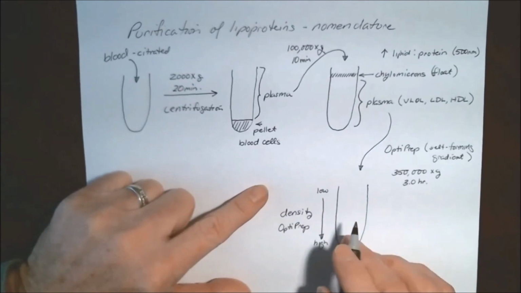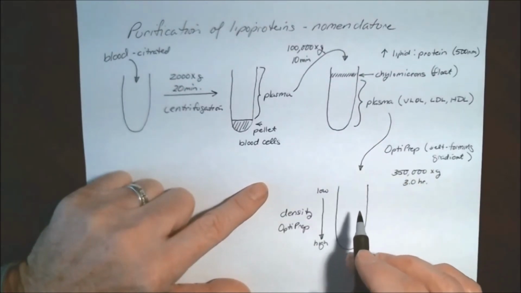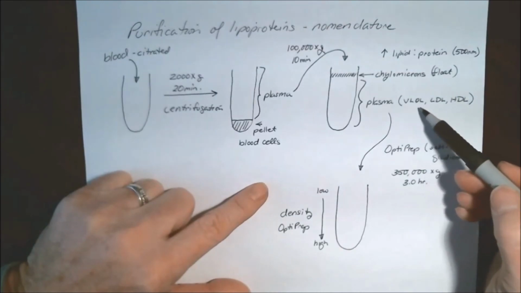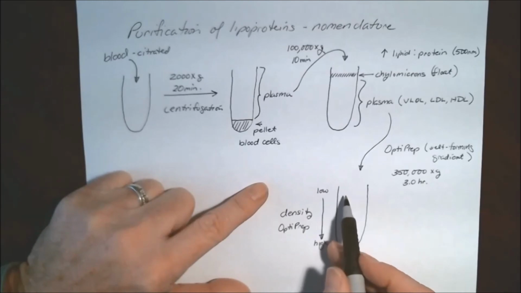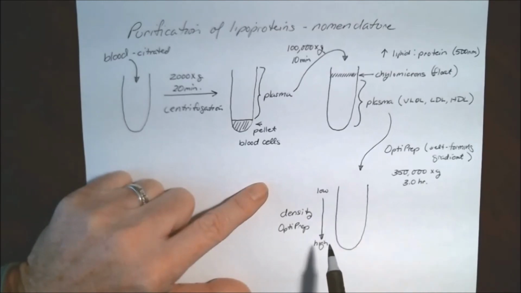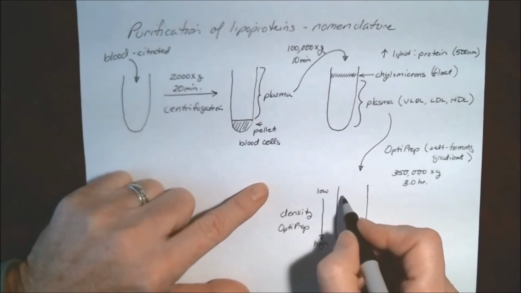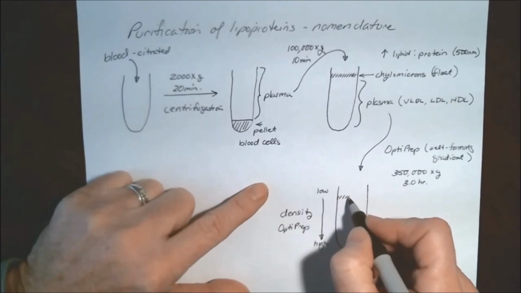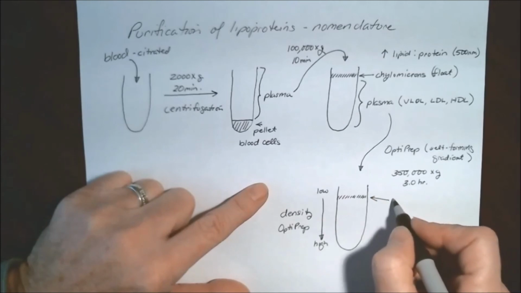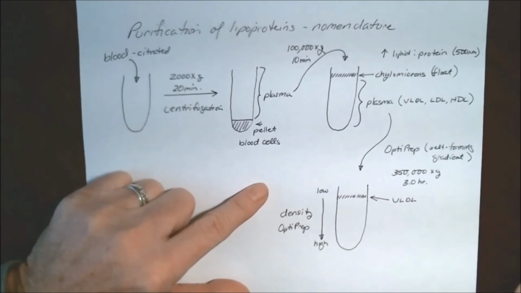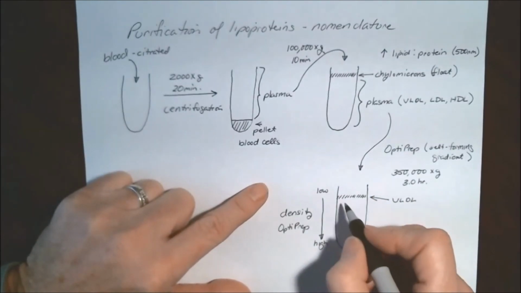What that allows us to do now is when we have our plasma mixed in here, the lipoprotein particles of interest are going to migrate in the tube to their correct densities. So near the top you can predict that the VLDL particle will be near the top.